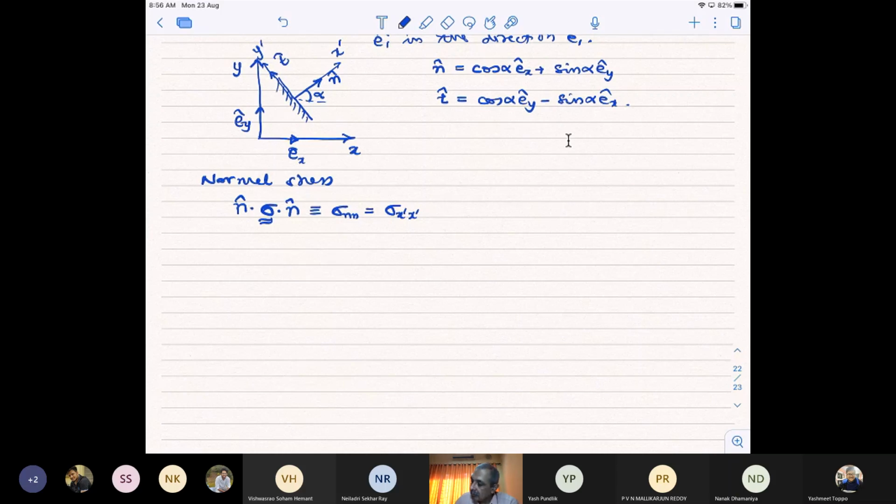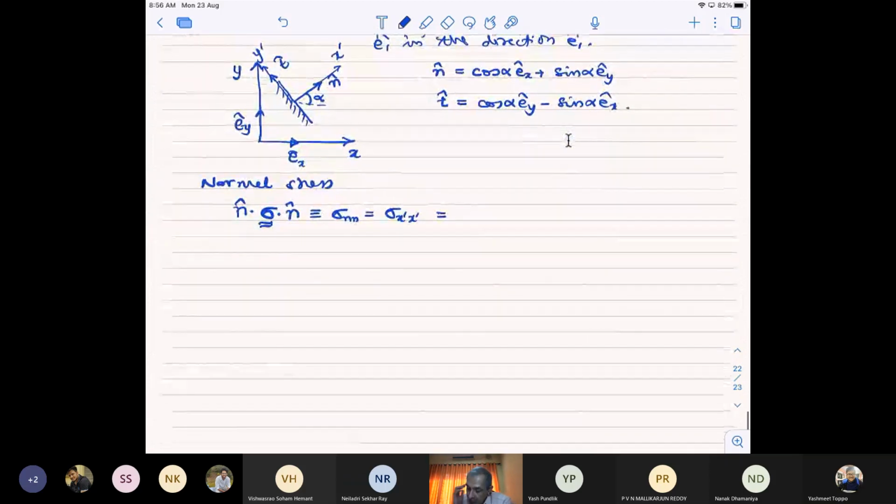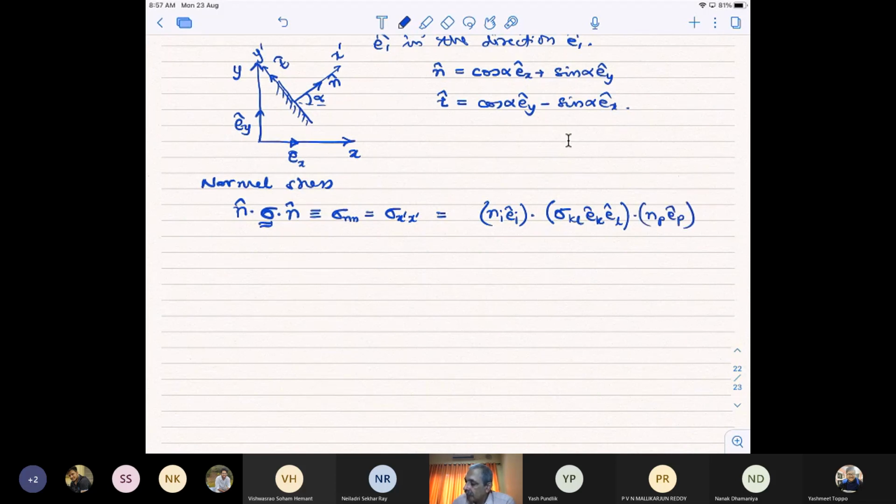If you take the dot products, this is equal to n_i e_i dotted with sigma_kl e_k e_l dotted with, let's call it, n_p e_p. So here we take the dot products with the two closest unit vectors like this.